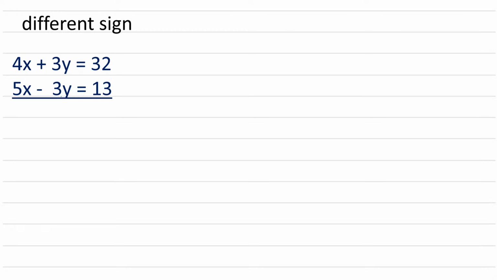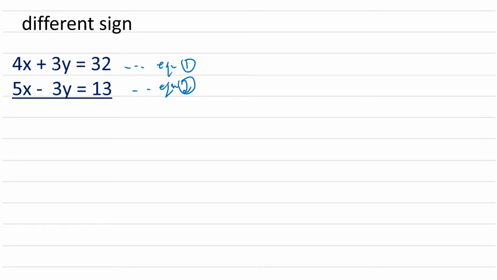They have the same coefficient, so now I can eliminate the y's, but one is positive and the other is negative. So what am I going to do? I want to get rid of them, which means I want to get a 0. So if I say this is equation 1 and this is equation 2, if I subtract them like I did before, what will I have?